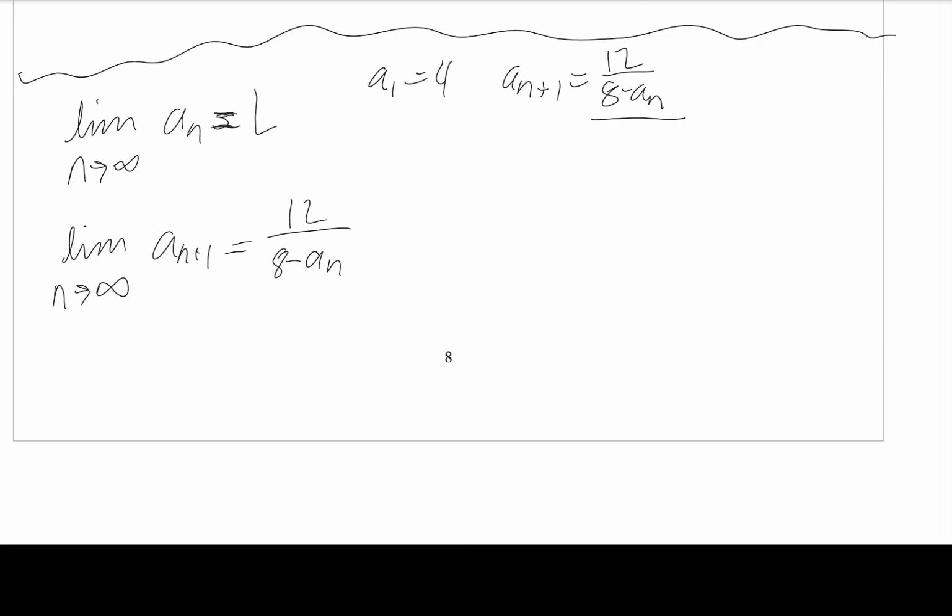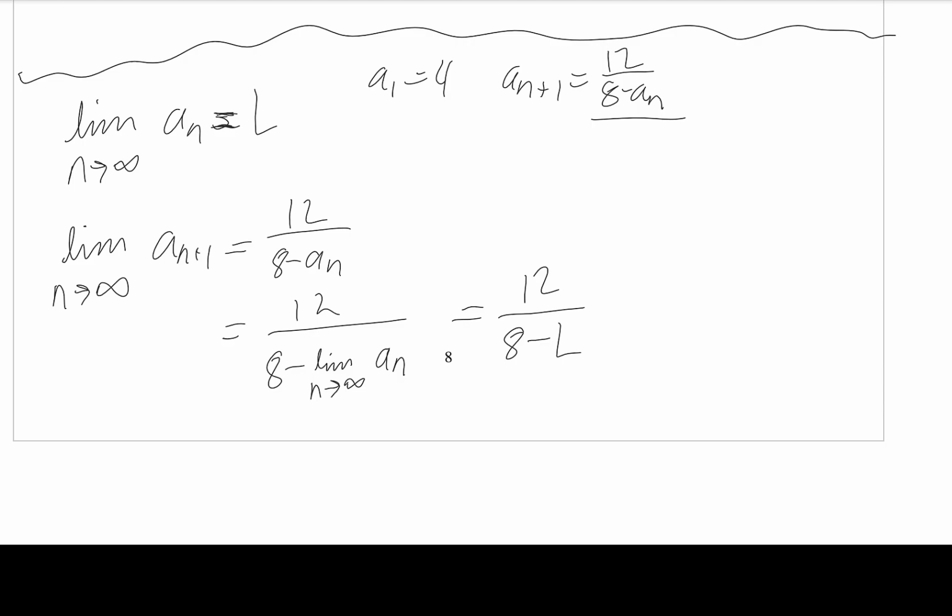Now, if I move this limit inside of our fraction, we're going to get 12 divided by 8 minus the limit as n goes to infinity of a sub n. And so this will give me 12 over 8 minus L.